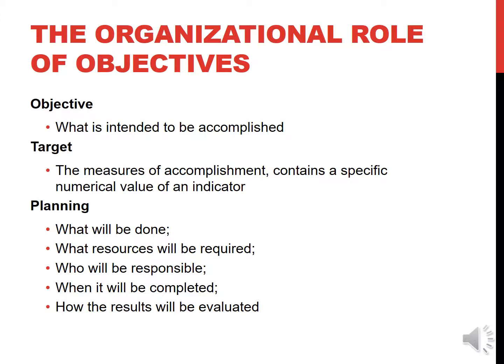What will be done, what resources are required to do it, who is responsible for making sure it's completed, when will it be completed, how the results will be evaluated. So these are how objectives are managed in any organization, and in EMS it's the same story. It's important to understand that these elements need to be present, and you're going to include these in your final paper for the class.